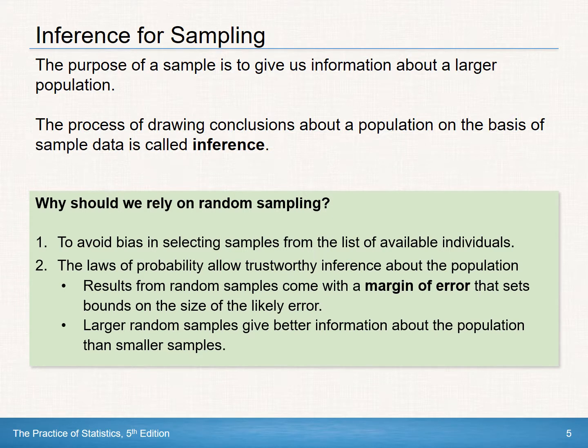And the laws of probability allow trustworthy inference about the population. Results from random samples come with a margin of error that sets bounds on the size of the likely error. Larger random samples give better information about the population than smaller samples.